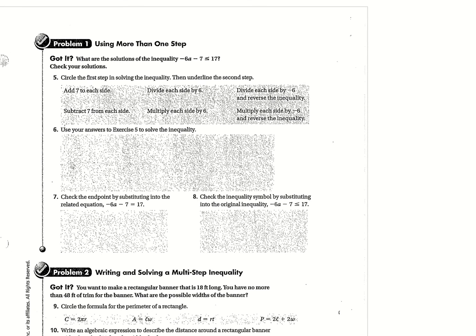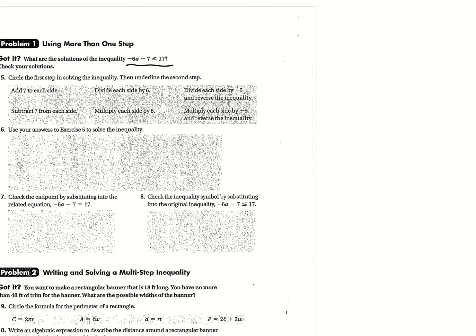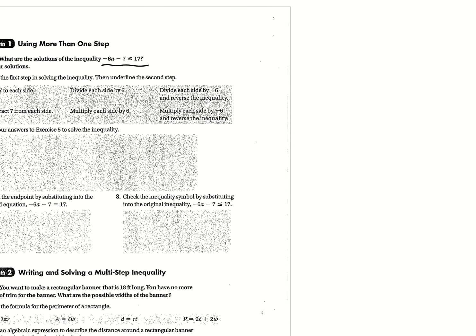We're going to look at problem 1 here, which is using more than one step. The one that we look at here is: what are the solutions of the inequality negative 6a minus 7 is less than or equal to 17? I'm going to do this one for us, just so we can get a good example.